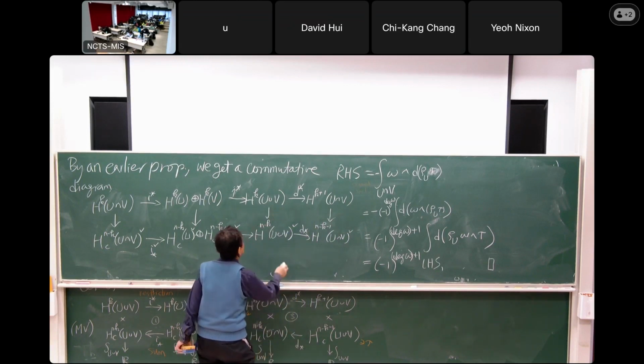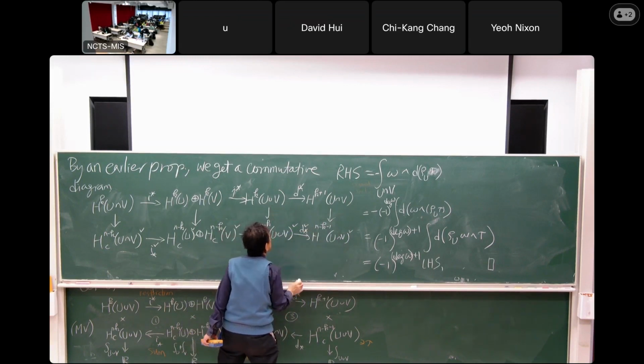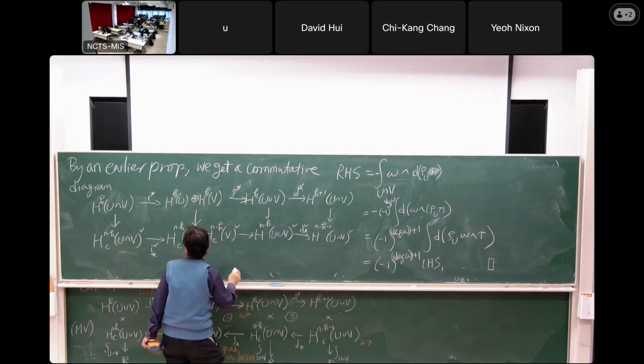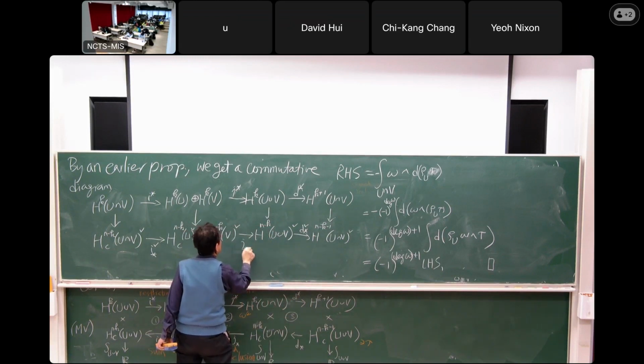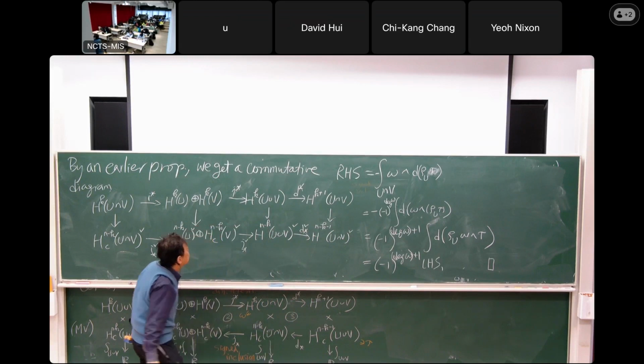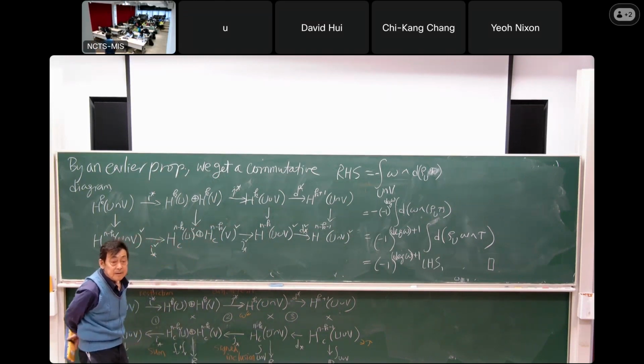Okay, this is the dual there. All right, so we have a commutative diagram like this.